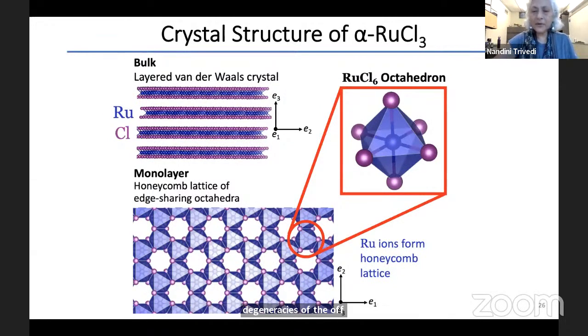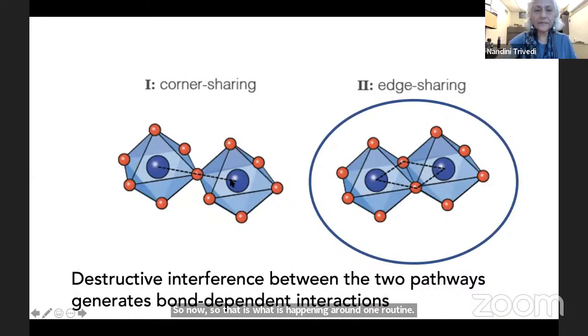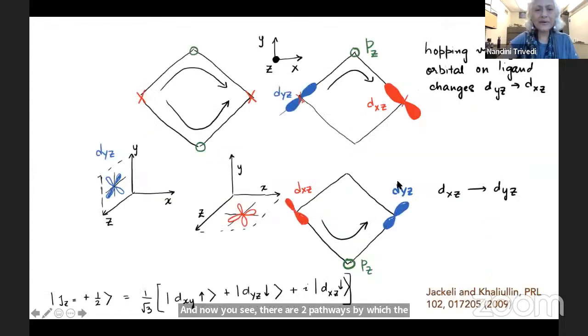So that is what is happening around one ruthenium. If you now look at two rutheniums, here are the two rutheniums around their octahedral cages. They can either interact directly or they can interact via an edge. And now you see there are two pathways by which the ruthenium atoms can interact. And that brings us back literally to the two-slit experiment and that interference pattern. So this is a little sketch.